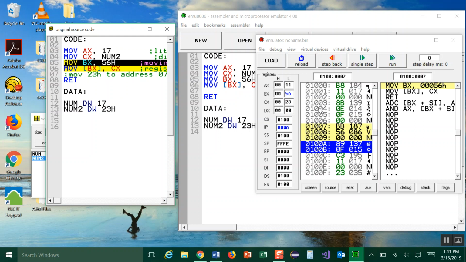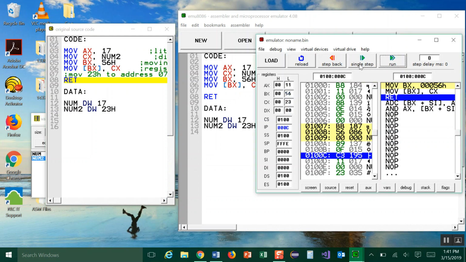Okay, so we are moving 56H to BX, which means 56 is actually an address, right? Not yet. So forget what I said. We are just moving 56 to BX. Okay, let's do that. We already did that, right?